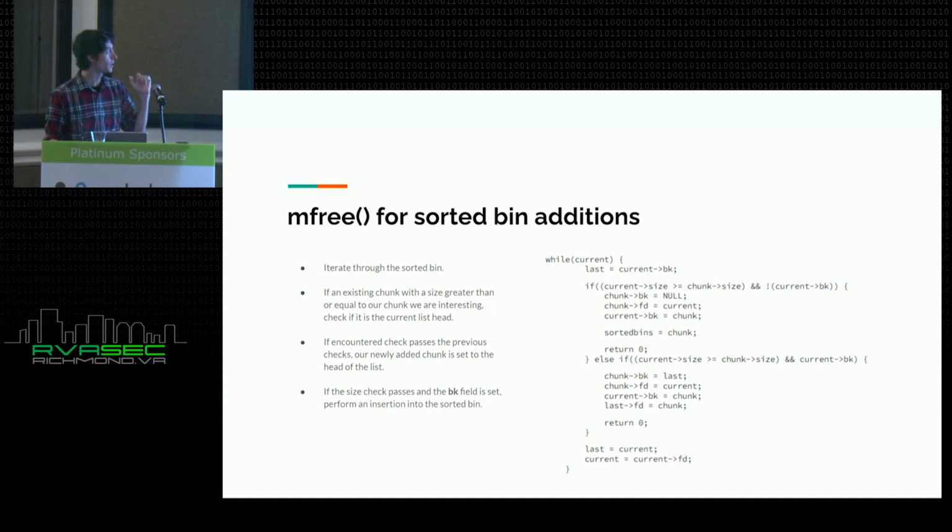It's going to set our forward value to the one that we're iterating through, and then it's going to set the iterating chunk's back to the new chunk that's being inserted. And then finally, if either of these checks fail, it's just inserted at the end of the list.